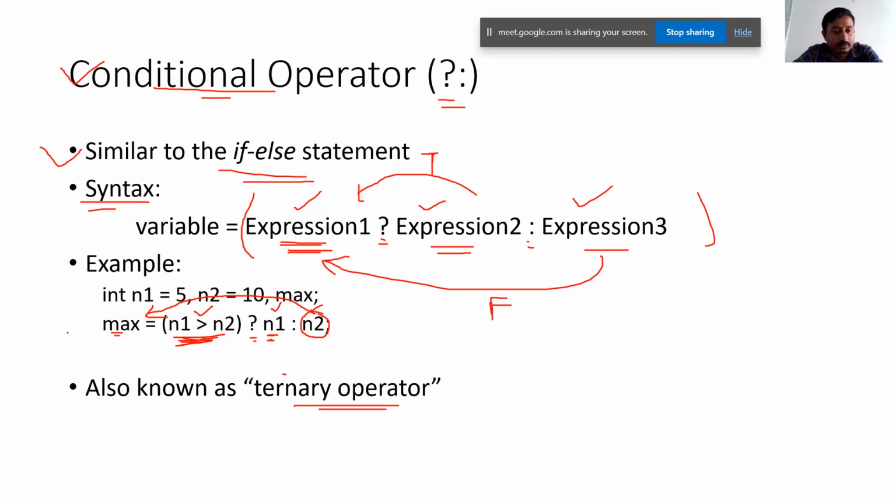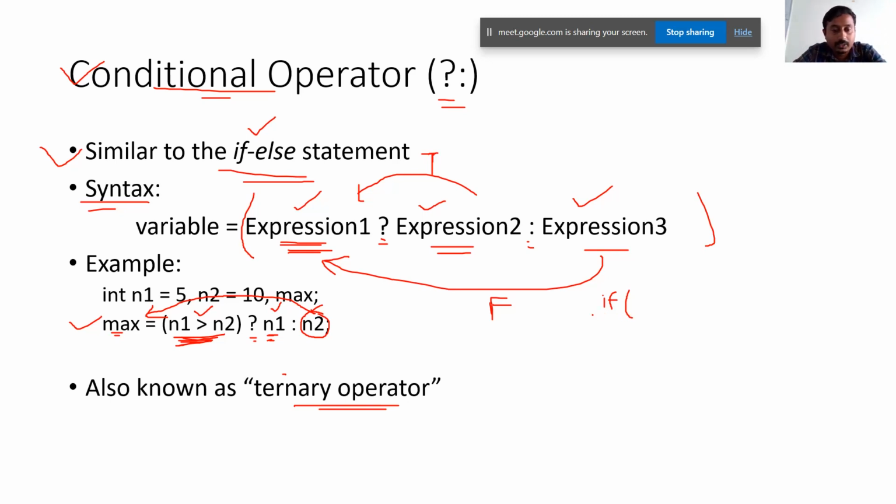Actually in this code we are trying to find the maximum between two numbers. Now the same can be achieved using an if else statement. So what will be the if else equivalent code? In the next class you are going to study conditional statements, where you will study the if else statement.